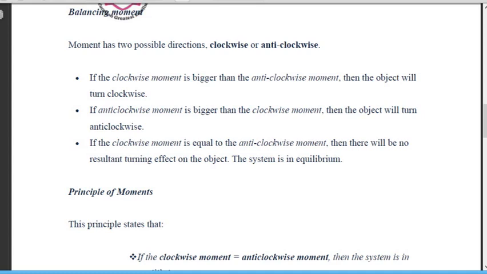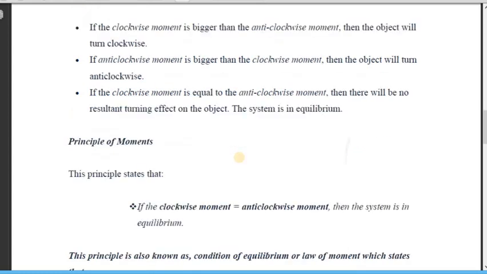But when one of the moments is greater, if the anti-clockwise moment is bigger than the clockwise moment, then the object will move anti-clockwise. I think this is very simple to understand, right? If you just read these simple points, it's very simple. If the clockwise moments are bigger than the anti-clockwise moments, then the turning effect will be clockwise, right? Because the clockwise moment will be bigger.